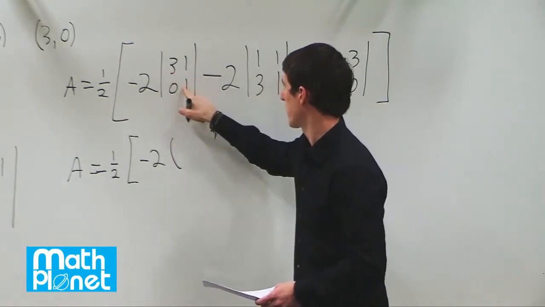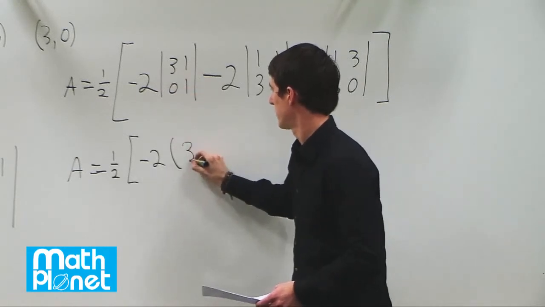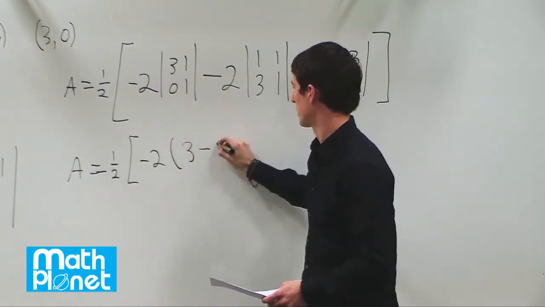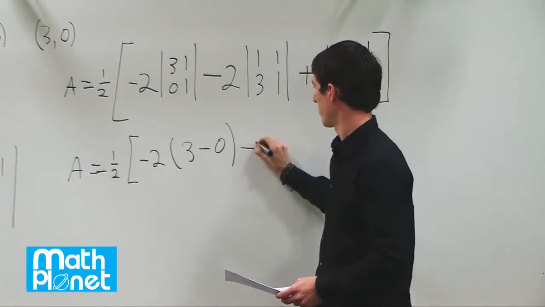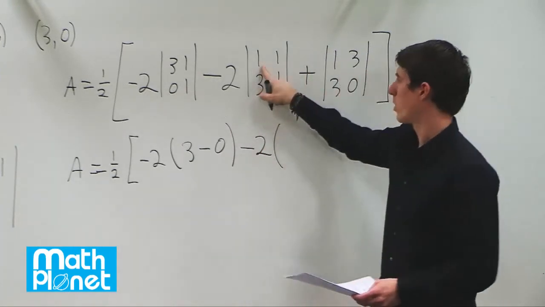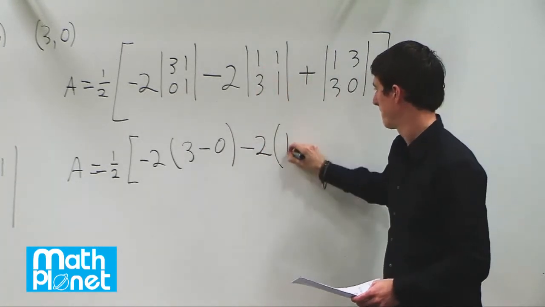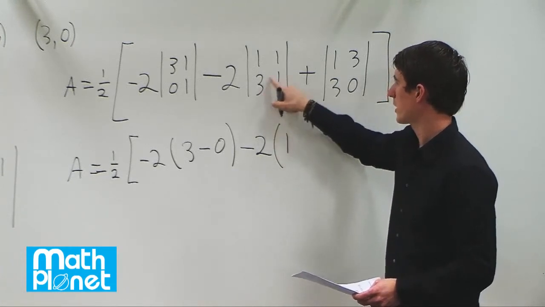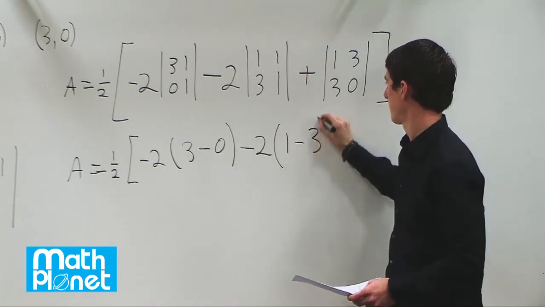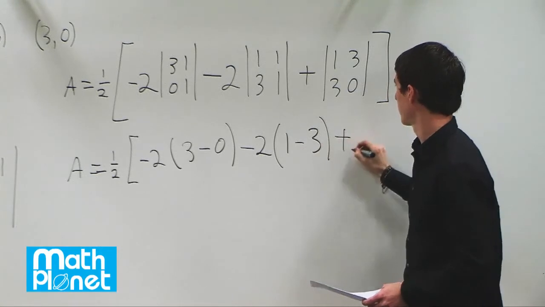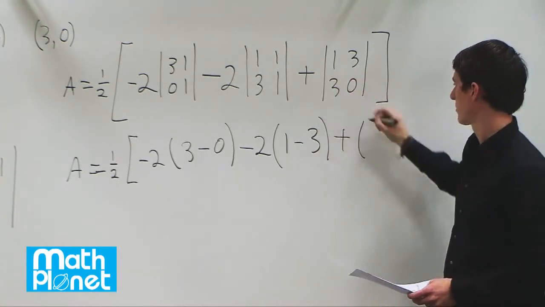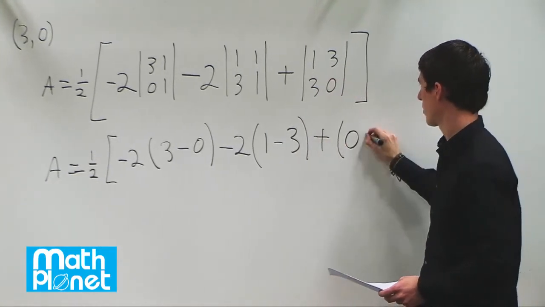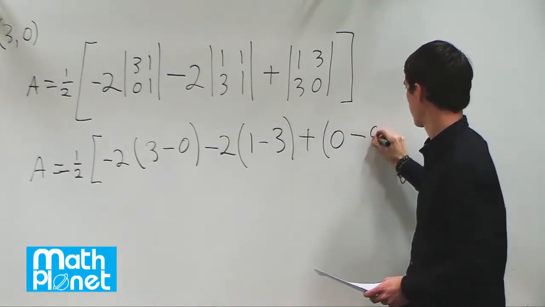So 3 times 1 minus 0 times 1. So -2, now we have 1 times 1 minus 3 times 1, minus 3. Finally, 1 times 0, which is 0, minus 3 times 3, which is 9.